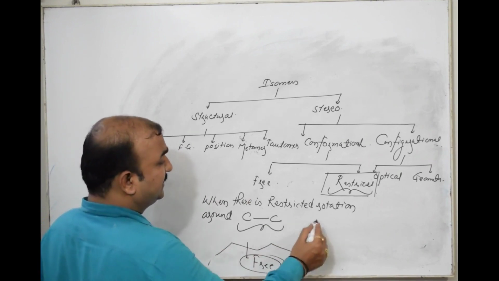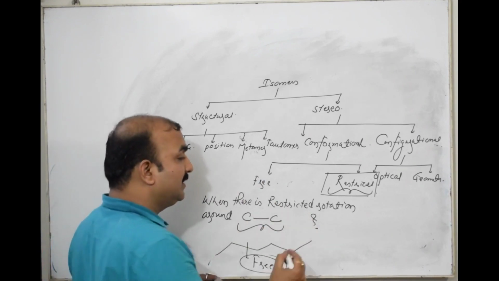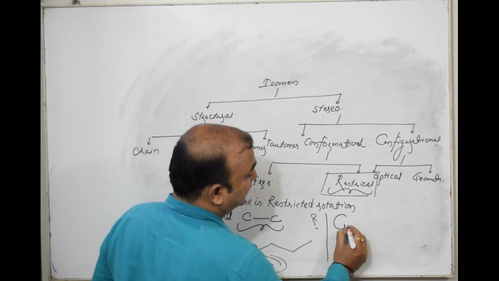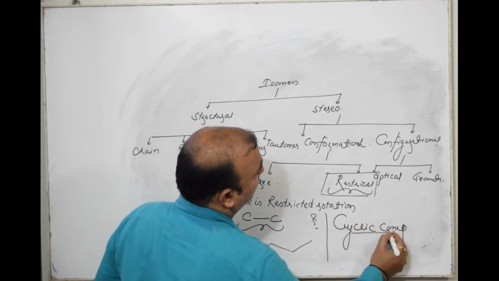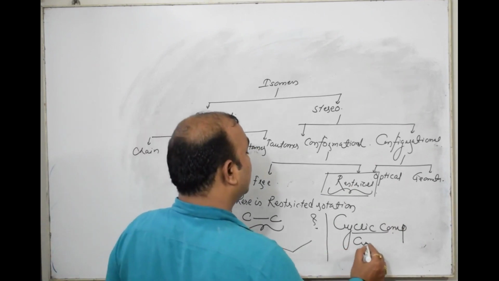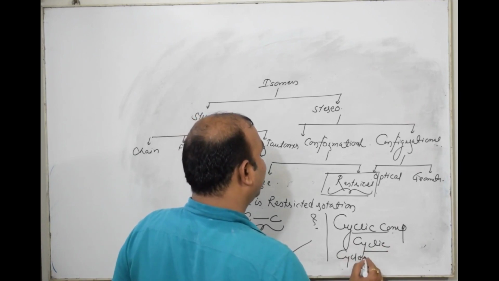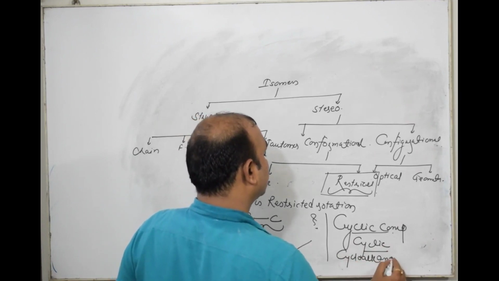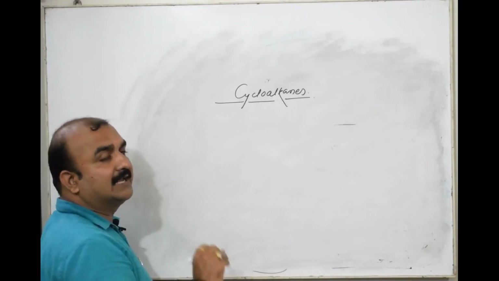So restricted rotation is present when there is a cyclic compound. And now our discussion will start with cyclic compounds or cycloalkanes. We are going to discuss cycloalkanes.